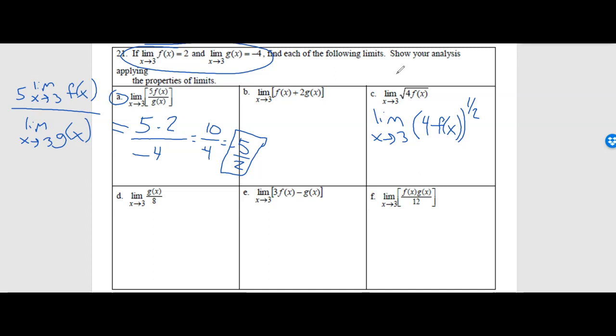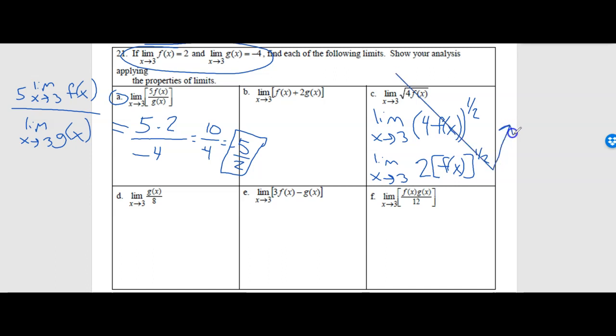So there's a couple different things we need to do here. We can actually apply the power rule first. I'm going to apply it to 4 and f of x. So I get the limit as x approaches 3 of 4 to the 1/2 power, which is 2, times f of x to the 1/2 power.